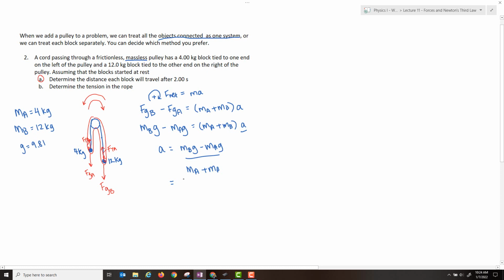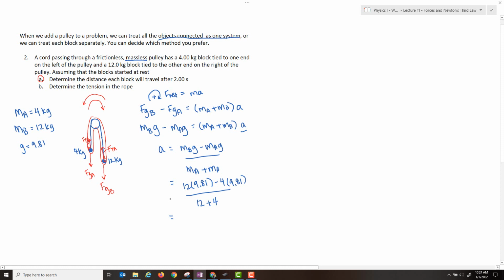We can plug everything in. So MB is 12 times 9.81 minus 4 times 9.81 over 12 plus 4. I'm going to type this onto my calculator.